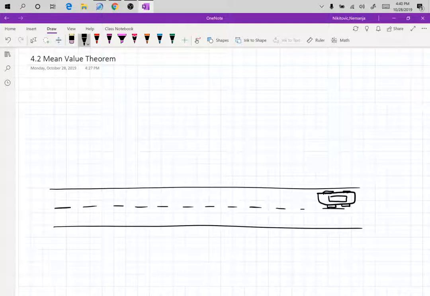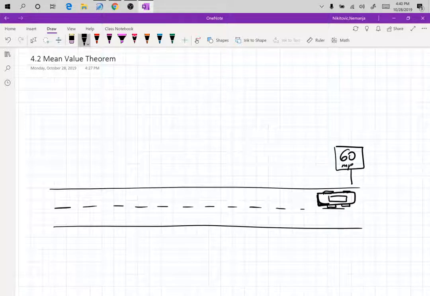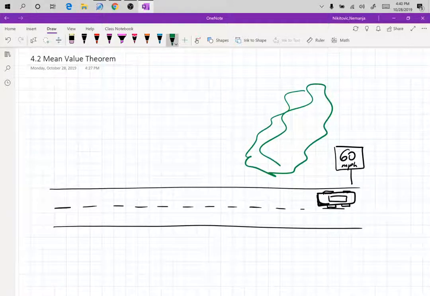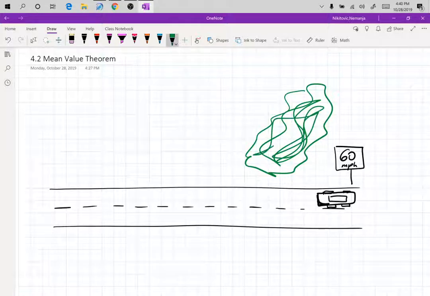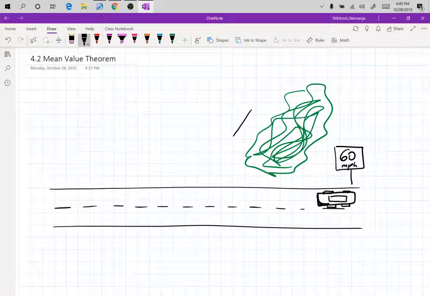There we go. And you are going to be in a 60 miles per hour speed zone. I'm going to put some shrubbery over here, and we are going to put another car right there.